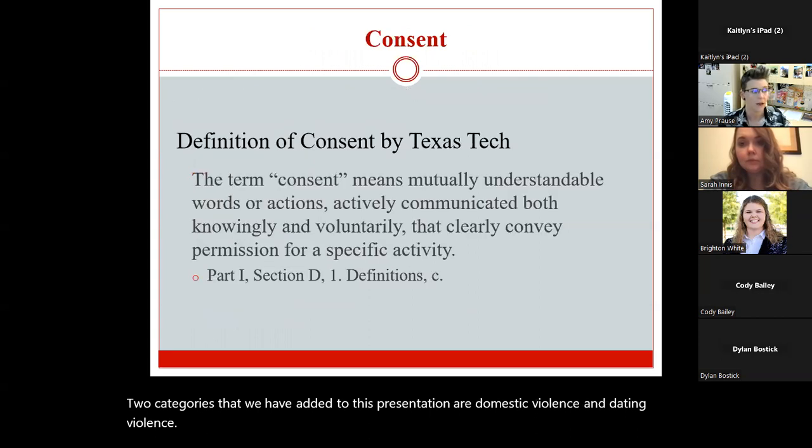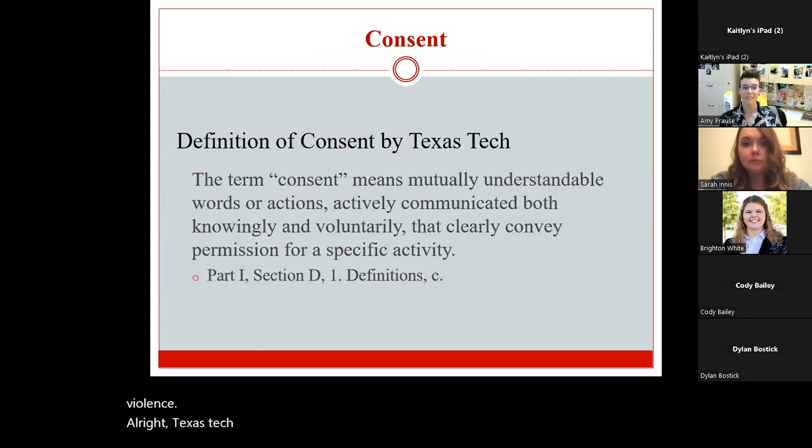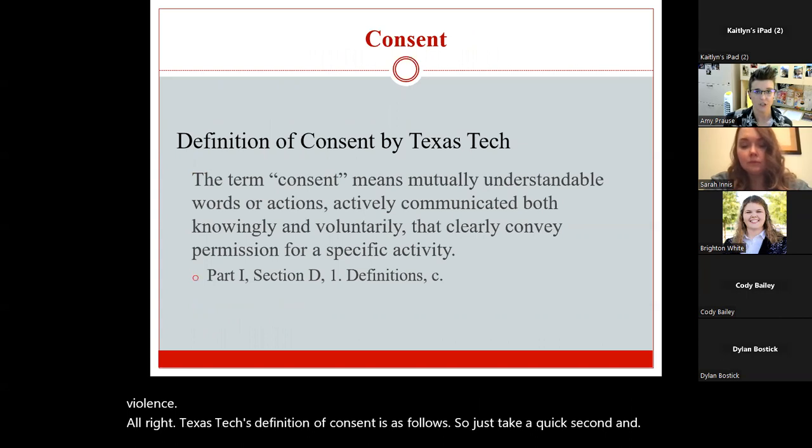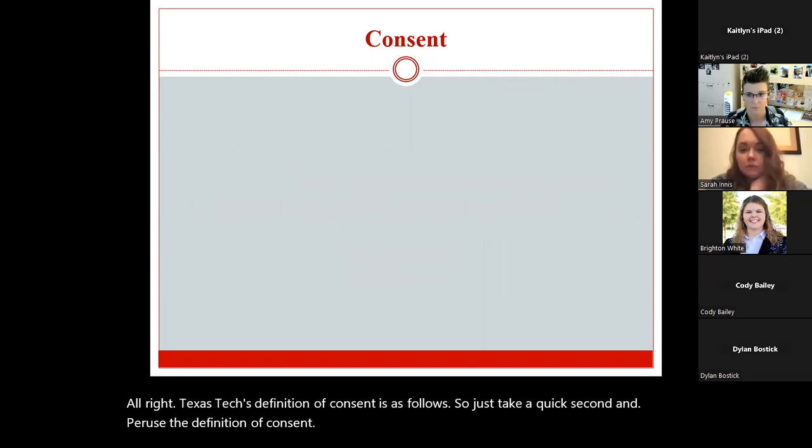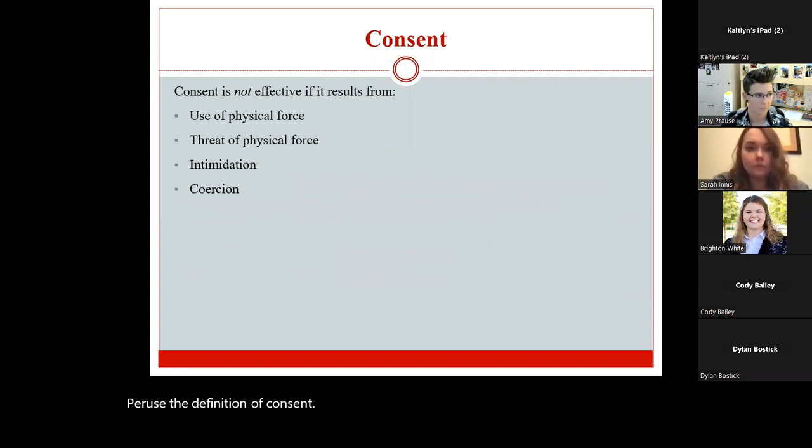All right. Texas Tech's definition of consent is as follows. So just take a quick second and peruse the definition of consent. Okay.